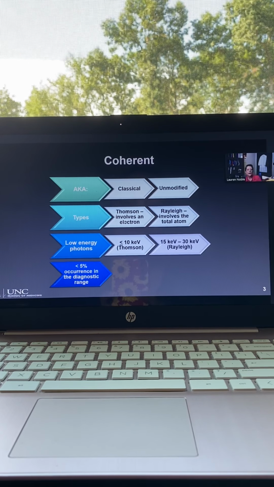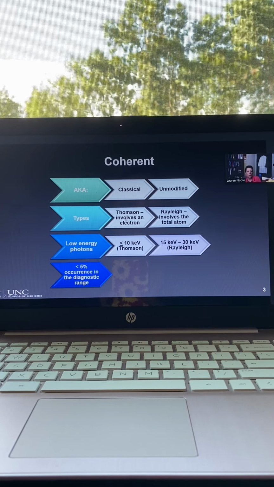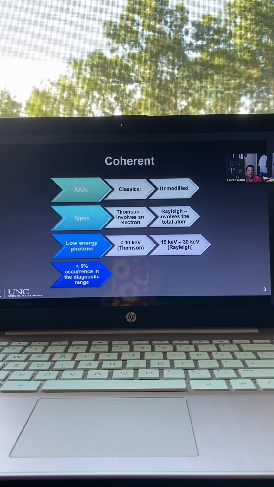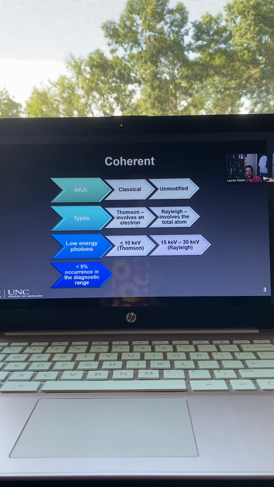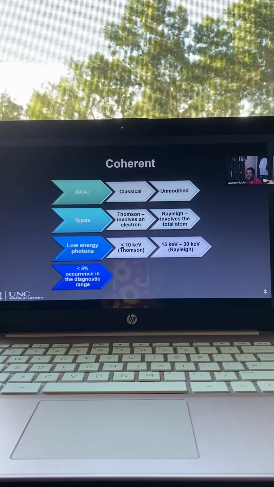Well, with coherent, if it's the Thomson type, what that means, and we're not going to go into detail, is that the X-ray photon will actually cause an electron to vibrate. If it's Rayleigh, then it involves the total atom. So it causes the whole atom to vibrate.